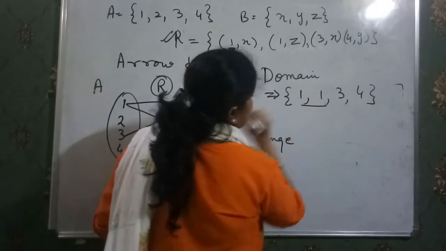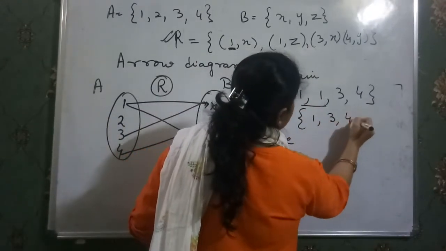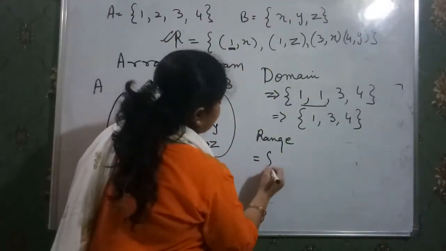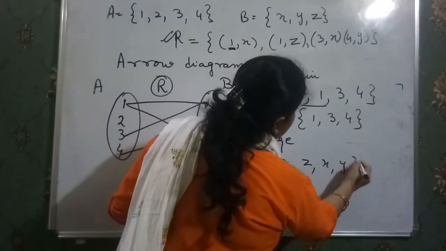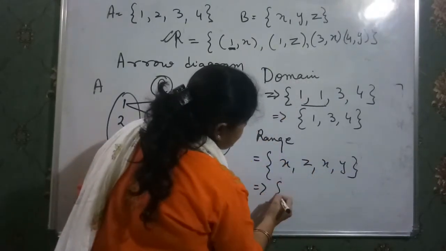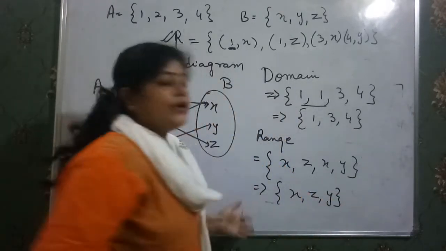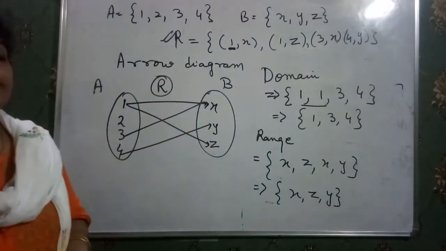We see 1 is repeated. So the domain is 1, 3 and 4. Clear? Now for the range, we have X, Z, X and Y. Here X is repeated, so we simply write X, Z and Y. So in this way we find the domain and range for a relation.